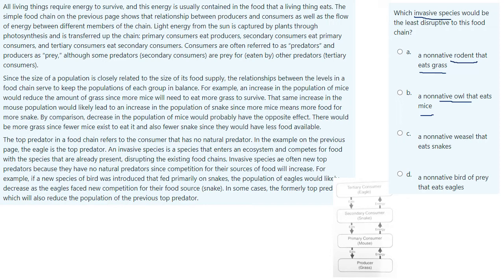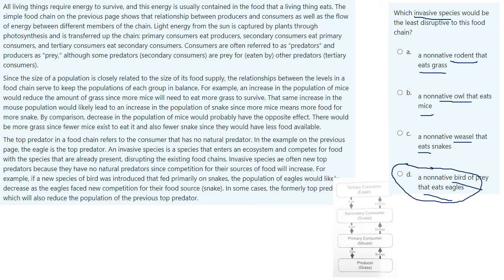Then that would mean there would be less food for the eagles. A non-native weasel that eats the snakes, if they eat the snakes, then there's less food available for the eagle. A non-native bird of prey that eats the eagles, well, this would only affect the eagles. So D would be the best answer.